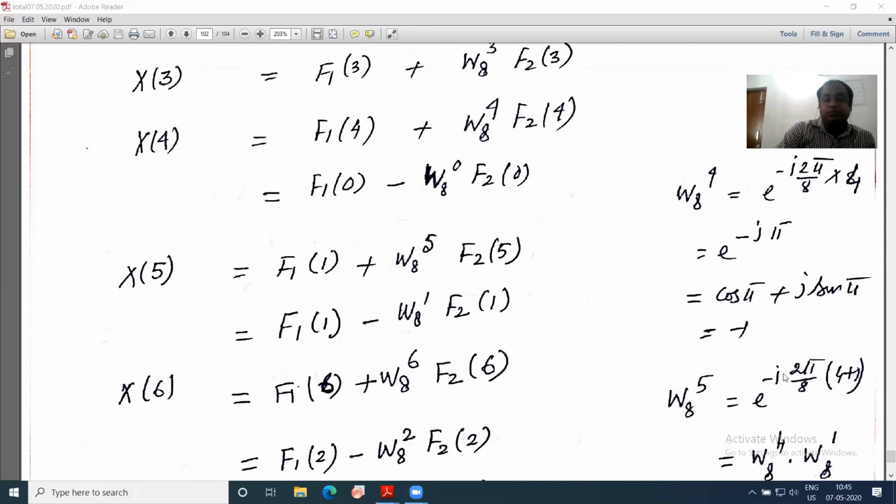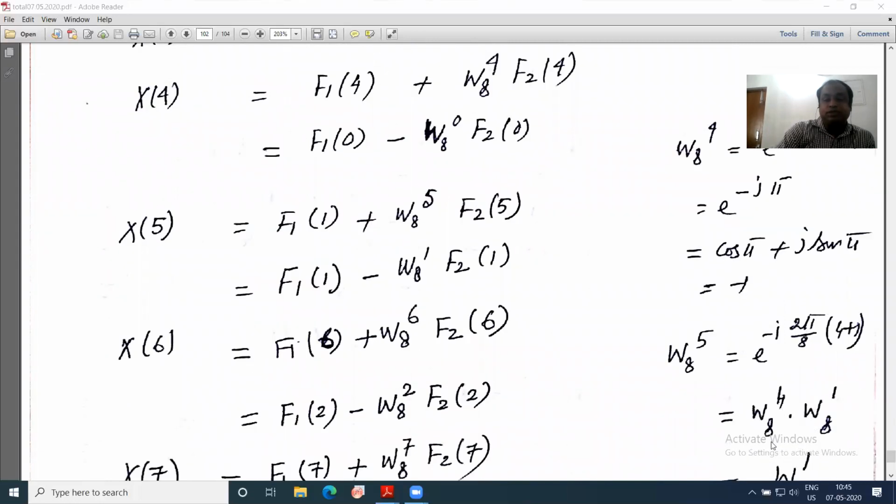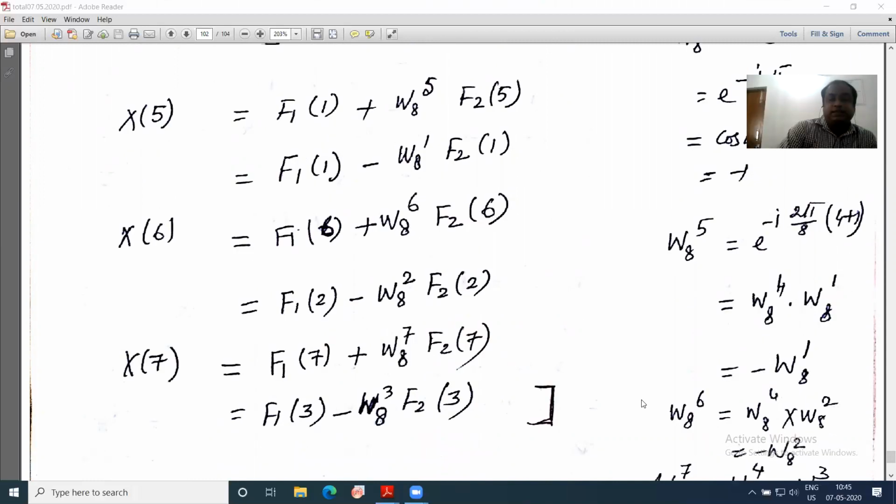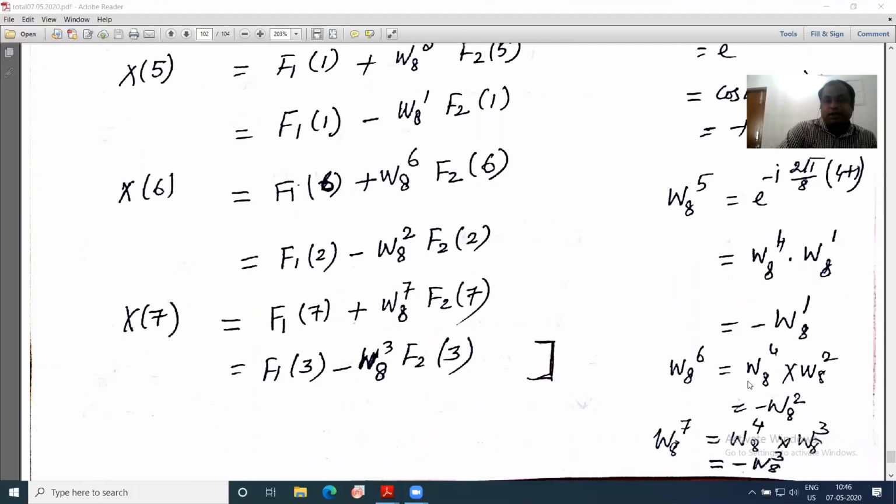Now e to the power minus j 2 pi by 8 into 4 is essentially W8 to the power 4, and W8 to the power 4 is equal to minus 1. So this will be minus W8 to the power 1. Agreed? Yes, sir. Fine.